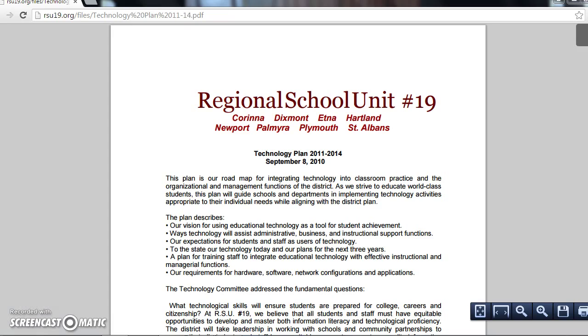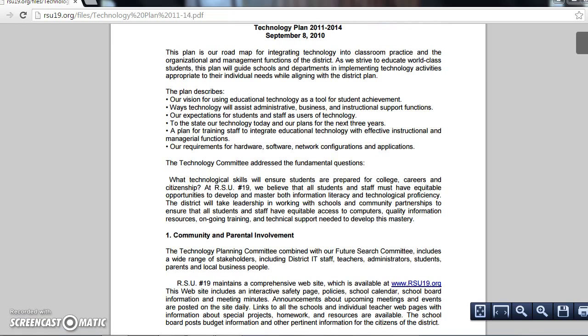This technology plan is very comprehensive. It is a plan for the district to integrate technology into the classroom. The plan describes a few different things. The vision for using educational technology as a tool for student achievement, ways technology will assist administrative, business, and instructional support functions, the expectations for student and staff as users of technology.